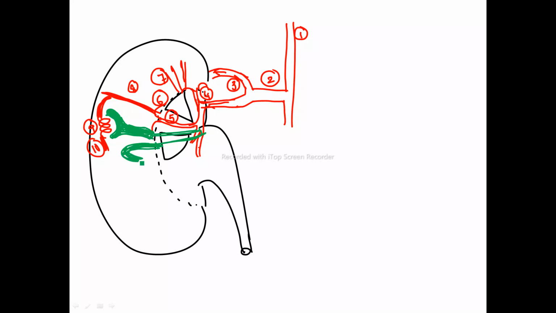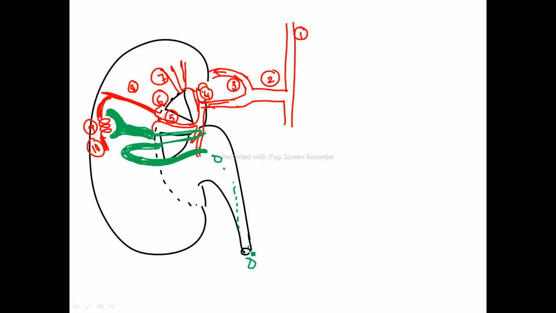And again this distal convoluted tubule will be turning back, eventually forming the collecting ducts, and over here a urine drop will be formed, which will eventually be excreted out.